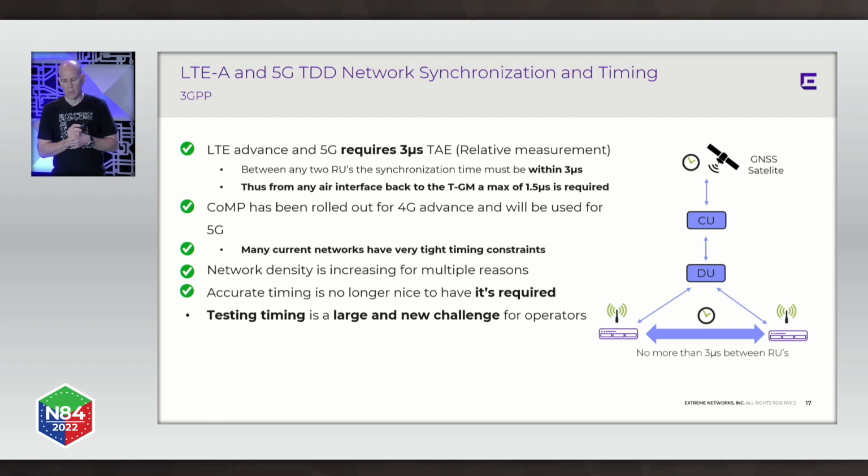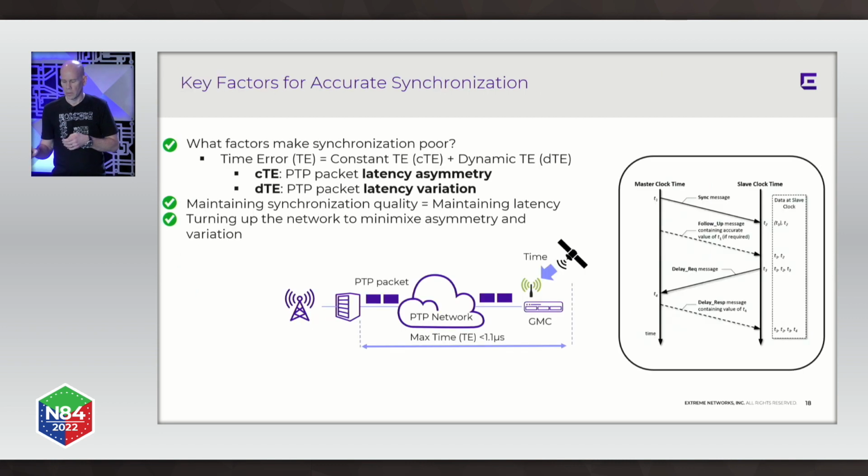And testing timing is a large new challenge for the CSPs. How would you test things like this, as we are talking about 3 microseconds and 1.5 microseconds as the figures? There is a mechanism in place for that.